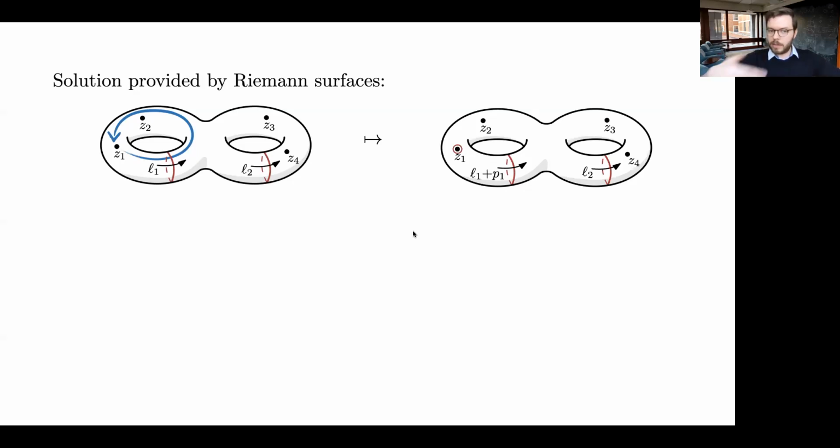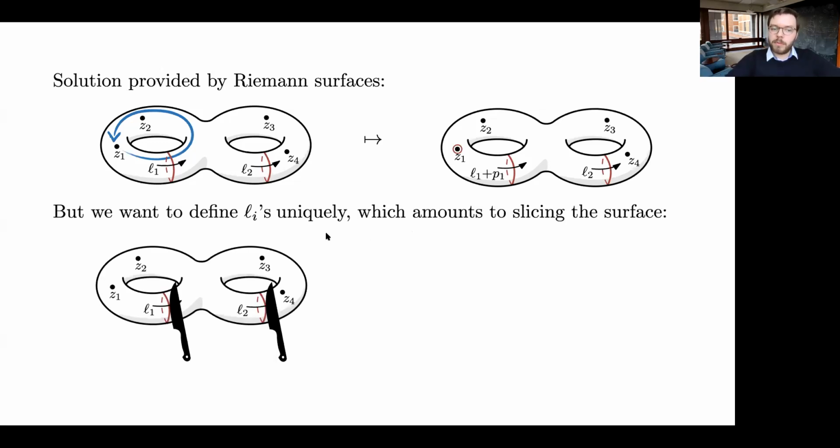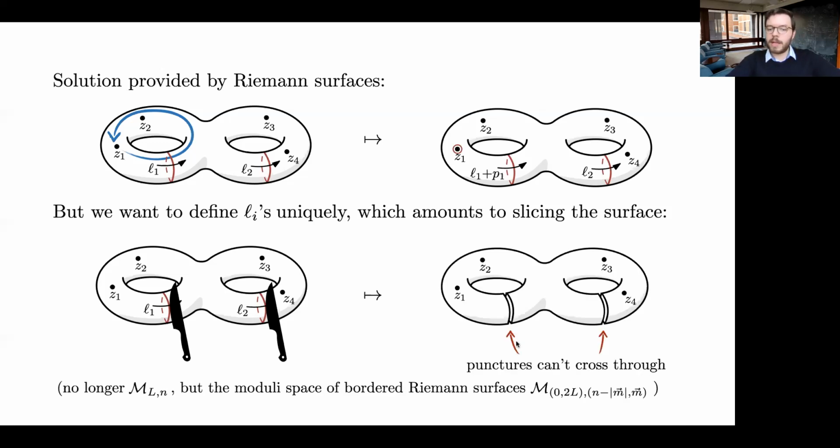So that would be giving rise to the labeling problem. However, what we want to do is to define the loop momenta uniquely. And what that amounts to on a Riemann surface is precisely slicing the Riemann surface. Okay, so what we end up with is this kind of surface, which is called a border Riemann surface, such that punctures can no longer pass through.